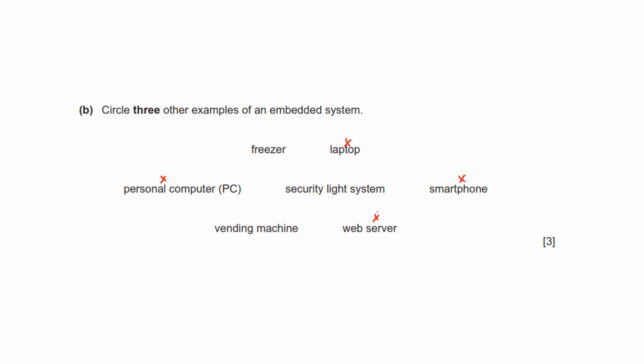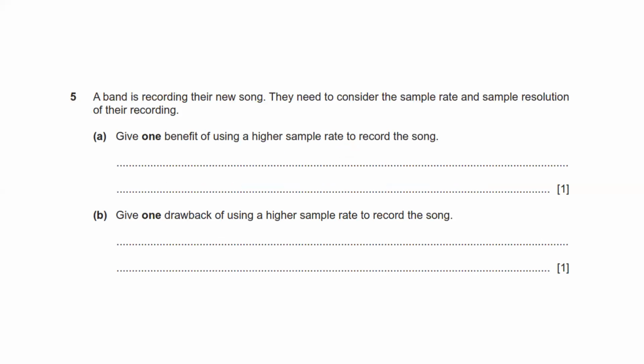These are actually not your embedded systems. So any three of the remaining: the freezer, light security light system, vending machine. These are all your embedded systems.